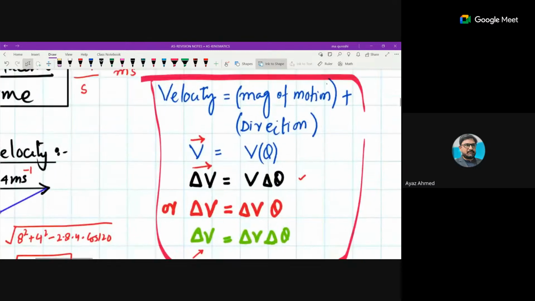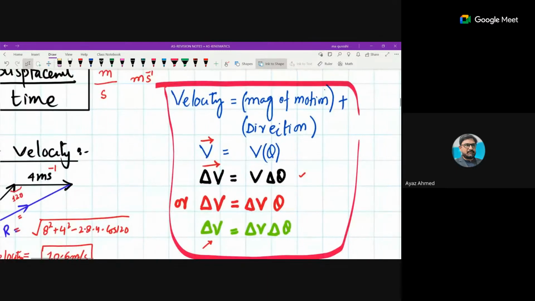Just see this slide. This is the magnitude of speed and theta is the direction. Here there are three conditions: black, red, and green. Black is when the magnitude remains the same and only the direction changes.